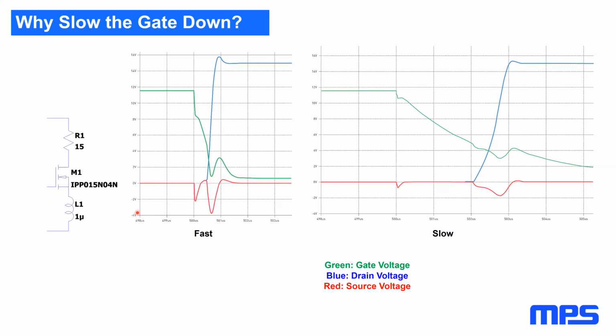And the green, why does the gate voltage do this? That's interesting. Is it because of the negative spike on the source, the red one? So it kind of inverts there. I'd have to go back and look at the simulation actually to see exactly why that is.